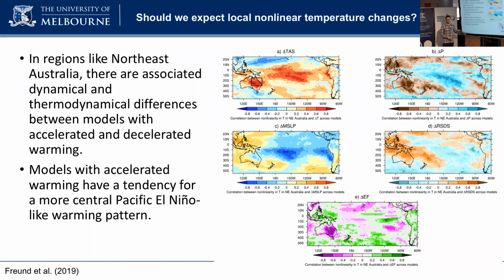I've just pointed here to Mandy Freund's recent paper that many of you will be aware of, which shows that over the historical period there's been an increase in Central Pacific El Niños relative to East Pacific El Niños. She doesn't attribute it to human-caused climate change. But if that trend were to continue, then we might be more likely to expect an acceleration in summer warming in Queensland as a function of global warming.